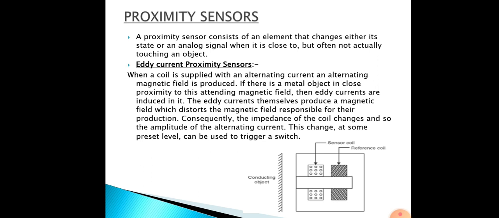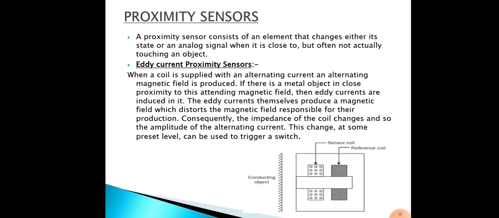When a coil is supplied with an alternating current, an alternating magnetic field is produced. If a metal object is in close proximity to this alternating magnetic field, eddy currents are induced in it. The eddy currents themselves produce a magnetic field which distorts the magnetic field responsible for their production.